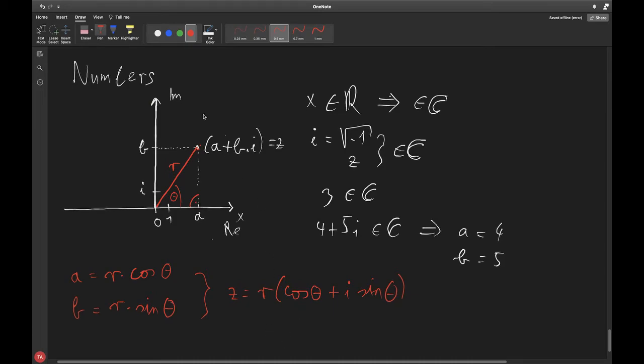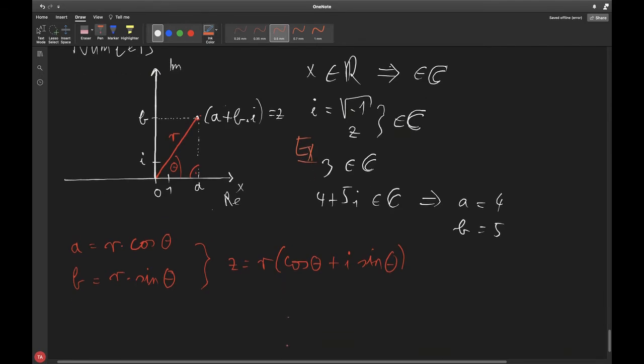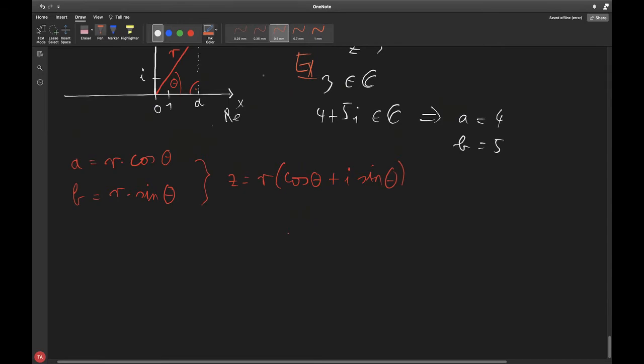So again, some examples as we could do. So some examples with this new form, or like getting back what we already have seen.